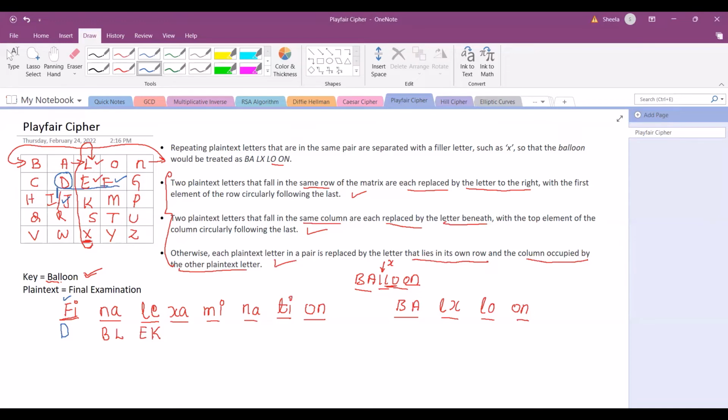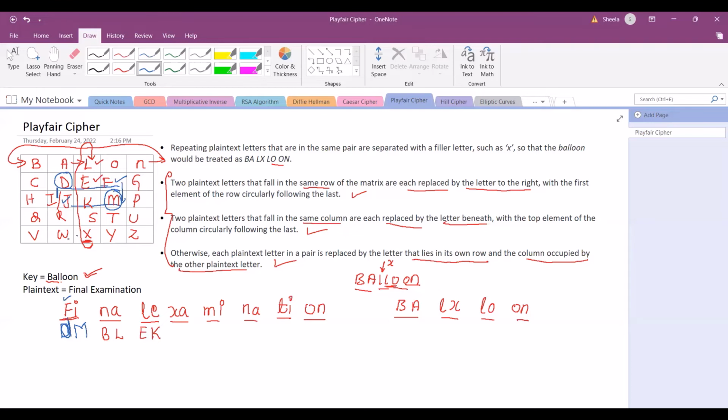And when I consider I, I need to take the same row as I and the column of the other plaintext letter, so the value will be M. So we get the ciphertext D and M. When I consider XA, we can observe that X and A are in different rows and columns.